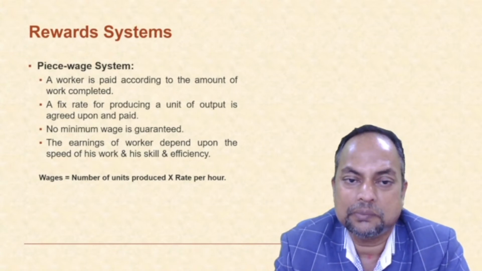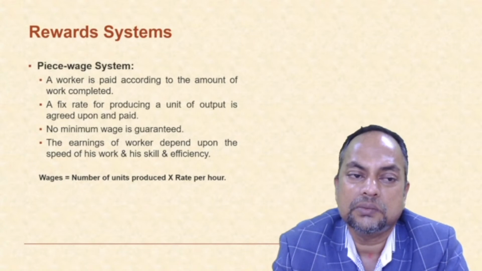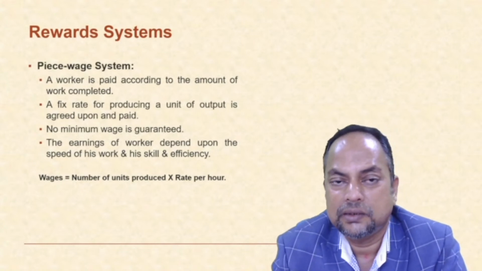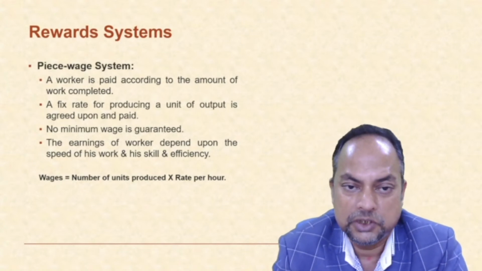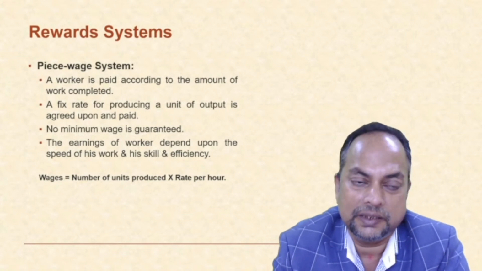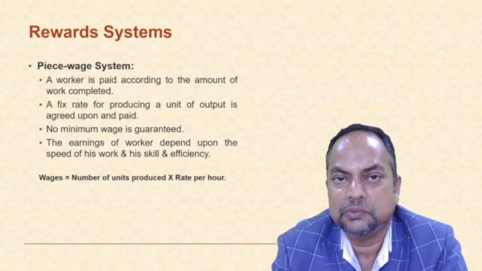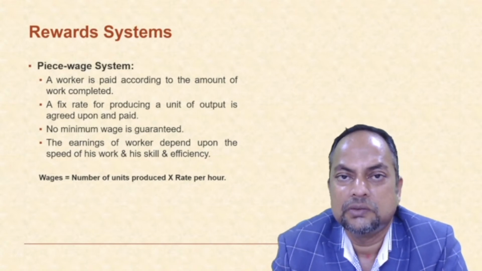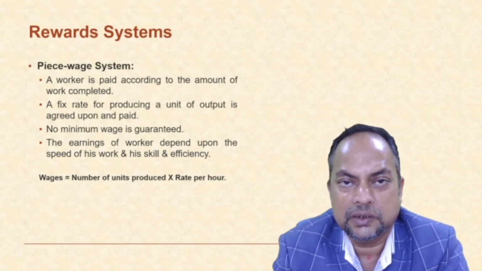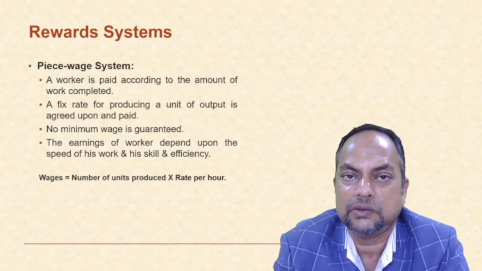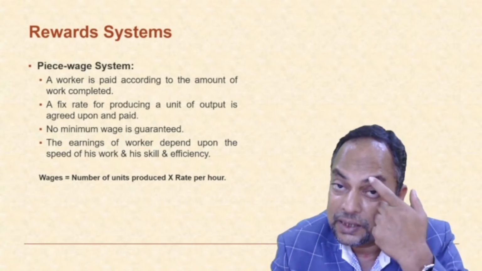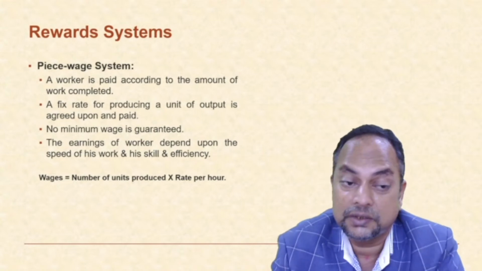Here also the same thing happens. Like here the rate per unit of output is defined. The methods are the same. Like we use time study, motion study, frequency study to take the various other job factors into consideration, right? And that rate per unit of production is defined.